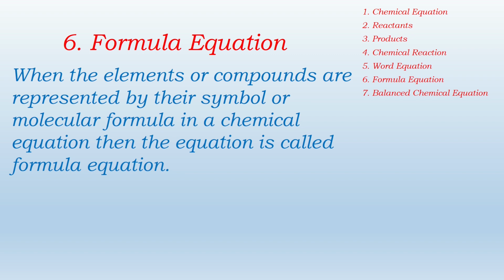Then the equation is called formula equation. We can take an example, hydrogen when reacts with oxygen to form water. Hydrogen is not written in words. It is represented by its molecule H2, and oxygen also by its molecule, and water also by one molecule of water. This is formula equation.